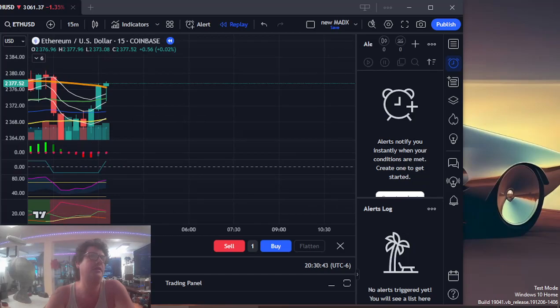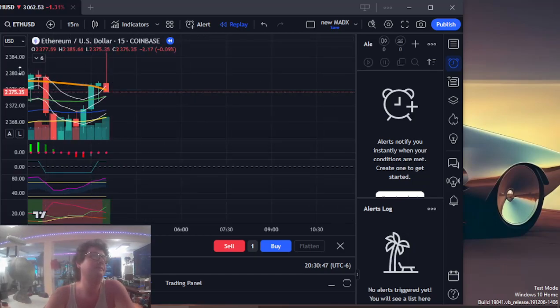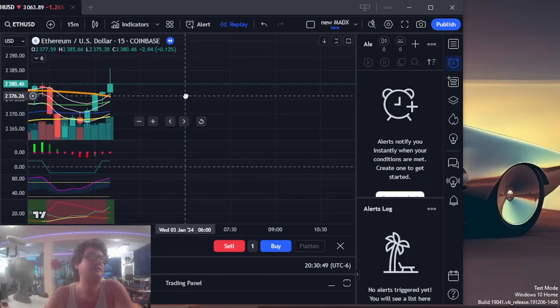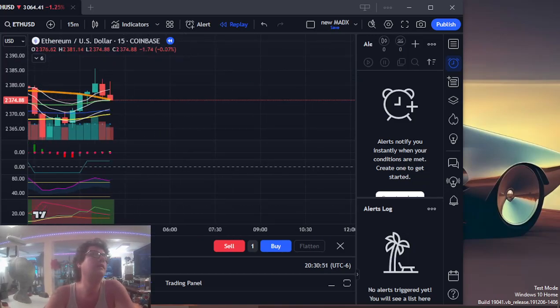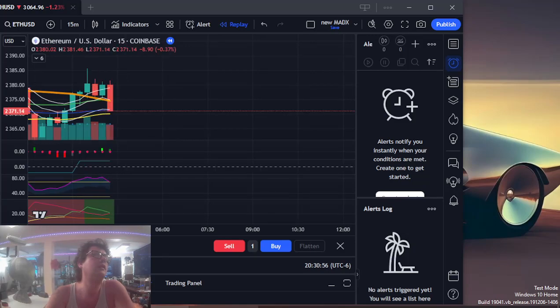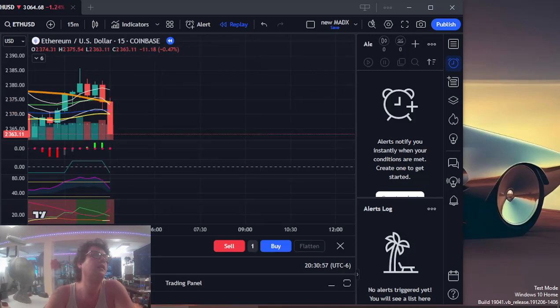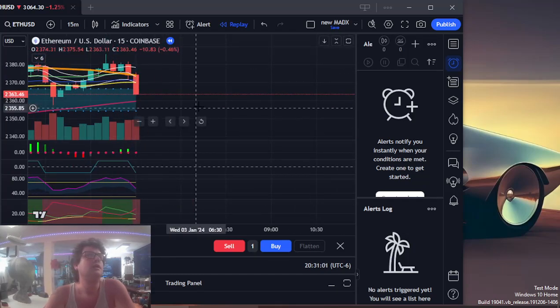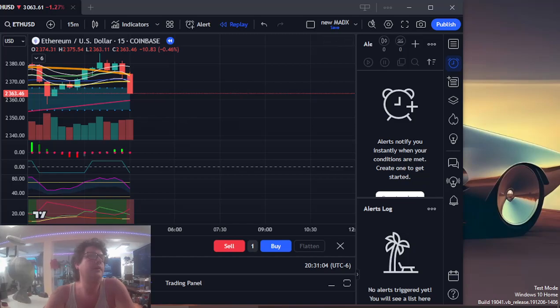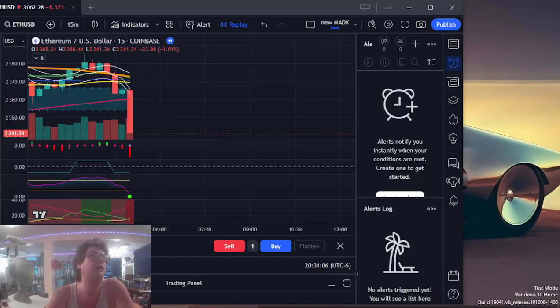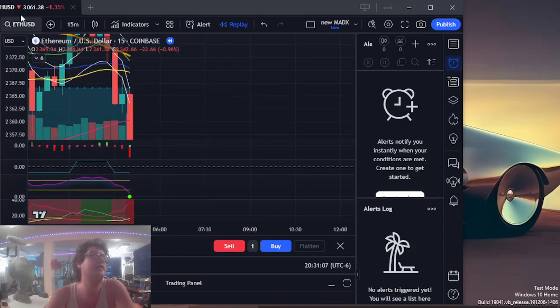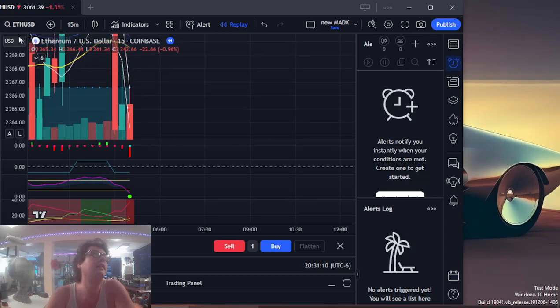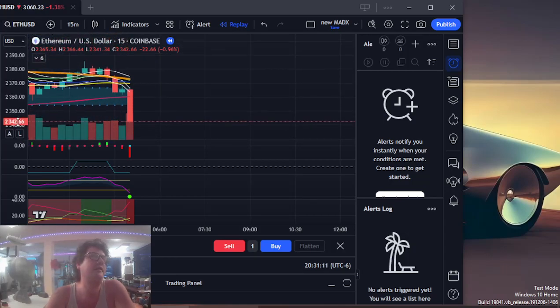It's not touching the middle line. Nope. Is that touching the middle line? We're gonna say yes.